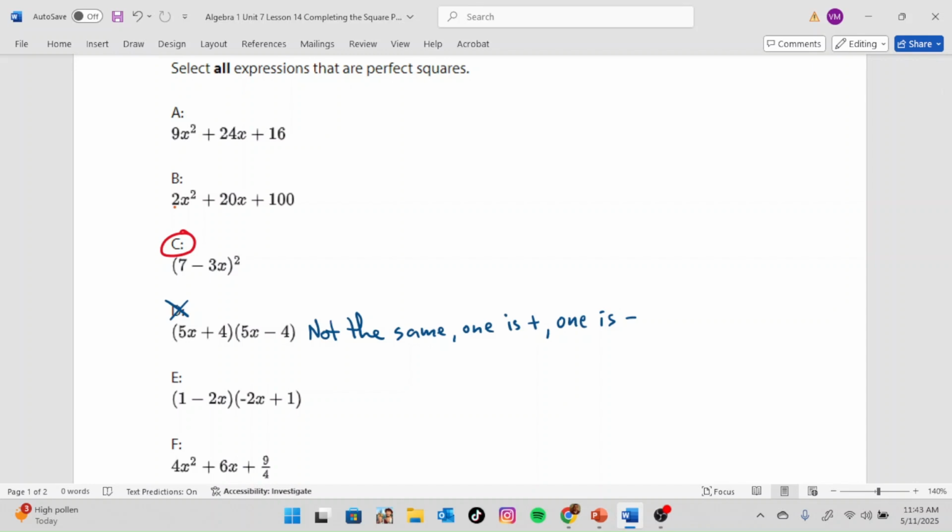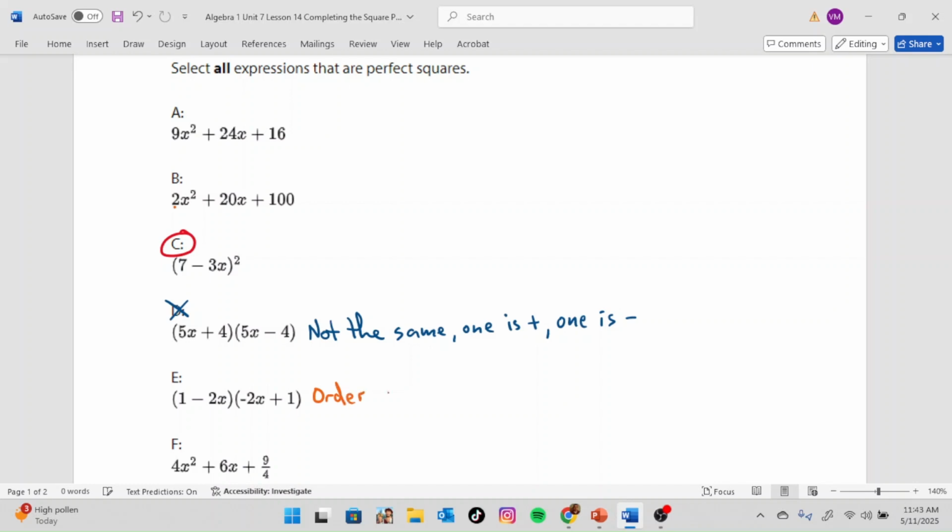And then let's look at E. We have 1 minus 2x, and then negative 2x plus 1. So it's not the same order, but both of them have a positive 1 and a negative 2x.